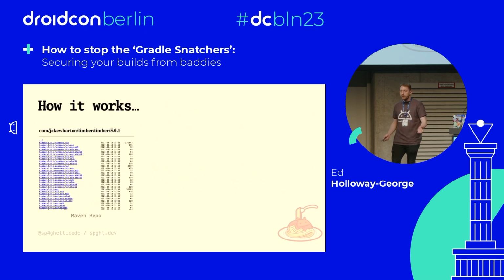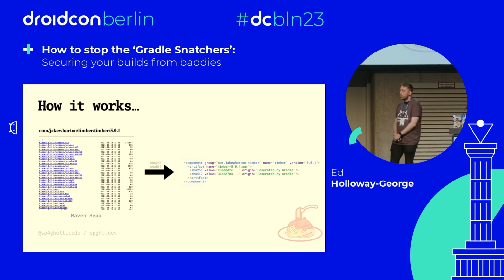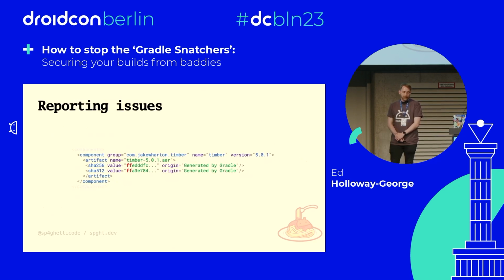So how it works behind the scenes is it fetches the particular file from the Maven repo. In this case, it would be the .sha256 and .sha512, and adds the value from those files to your configuration file. But what happens if there's a mismatch?